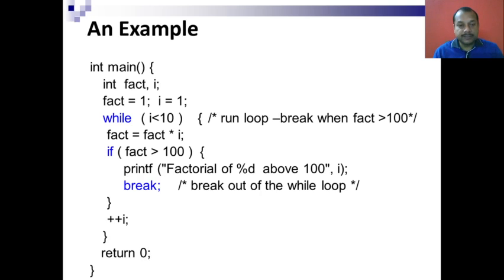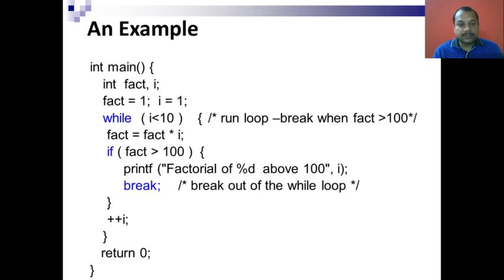Since I have seen this program previously, I am directly going to that program, and you know that initialization of fact equals to 1 and I equals to 1 is required, where I is the loop variable. So my condition is that while I less than 10, it will keep on looping, and inside the loop it will compute fact equals to fact multiplied with I. Now inside that there is an if condition.